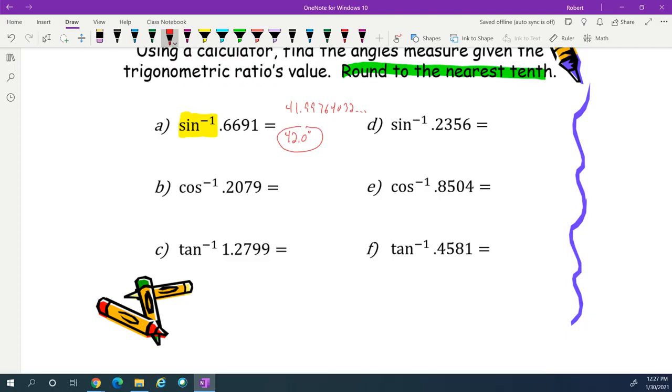So again, we're going to take the inverse cosine of that decimal. Inverse cosine, and I'm coming up with a 78-degree angle. So again, this depends on the calculator.